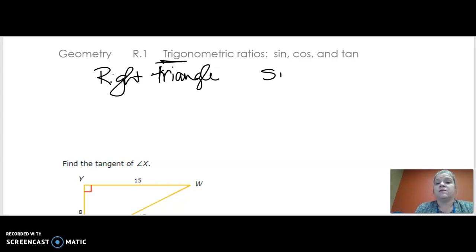And SIN is an abbreviation for sine, so it is not pronounced sin. And the way that you do sine is opposite over hypotenuse. I'll go over that better in just a minute.